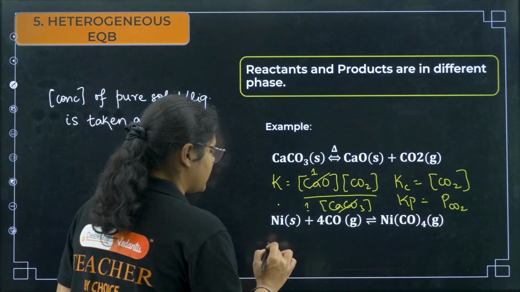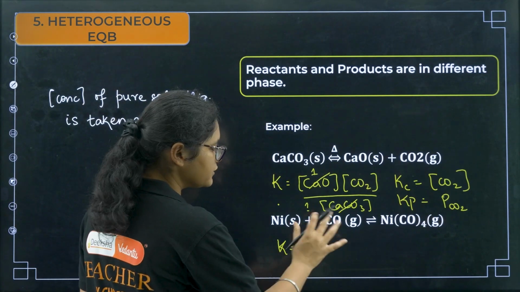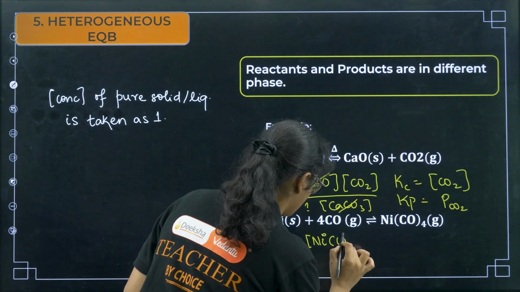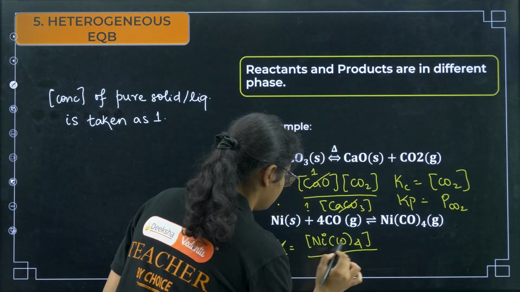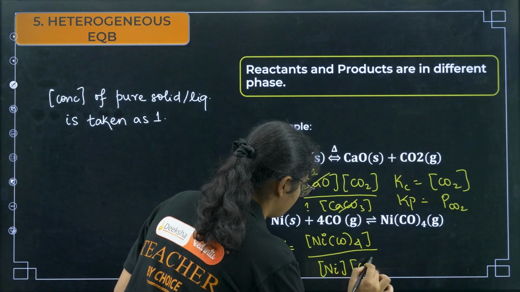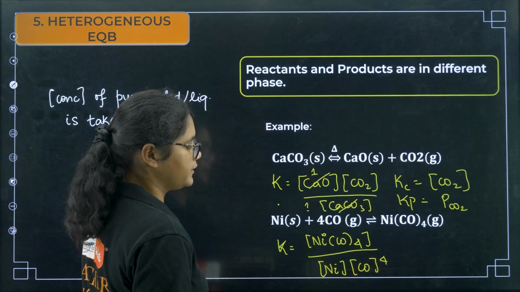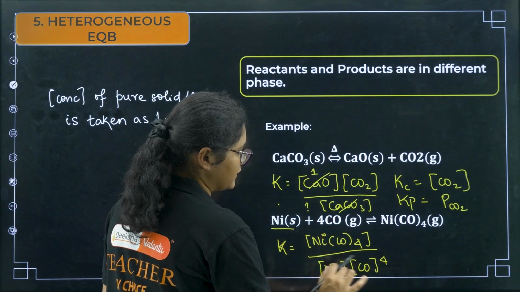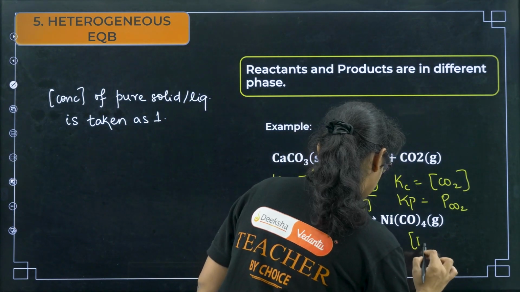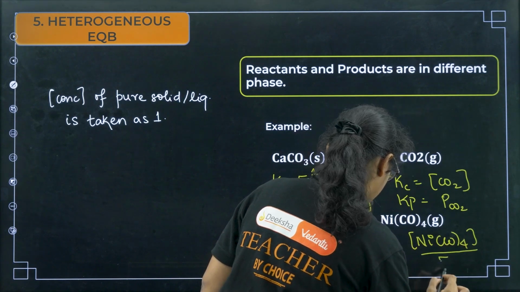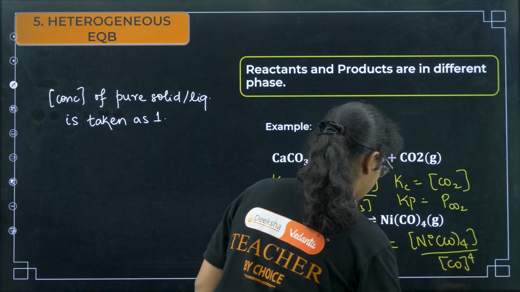Now similarly, if I want to write K for this one, it will be what? Ni(CO)4 divided by Ni into CO to the power of 4. Clear? So now if you see here, nickel is a solid, right? You can eliminate that. So I can write this as Ni(CO)4 divided by CO to the power of 4.